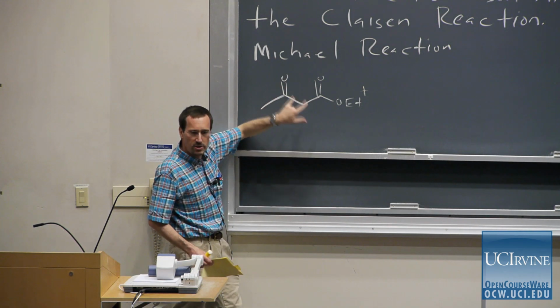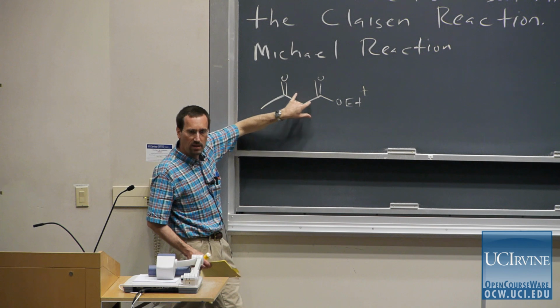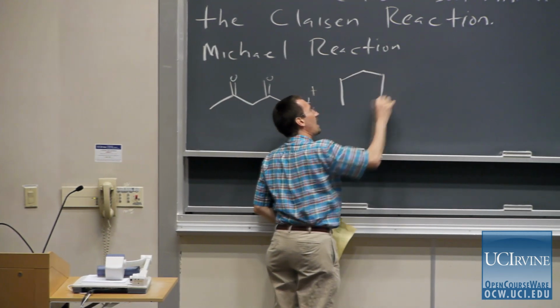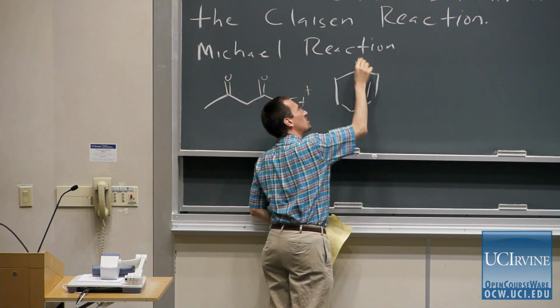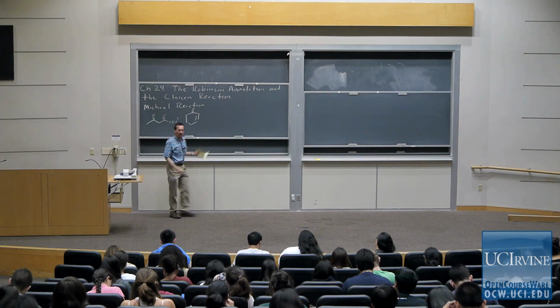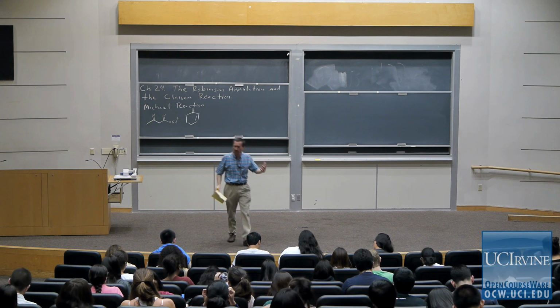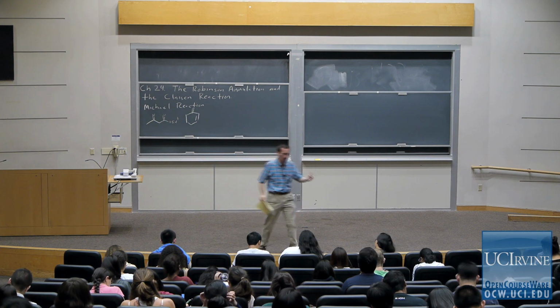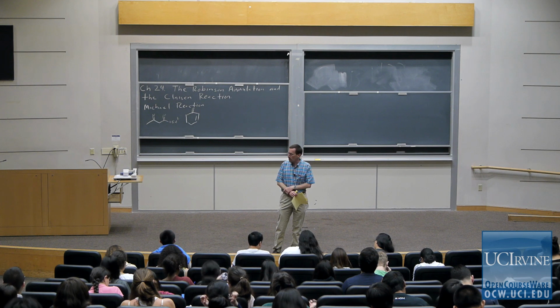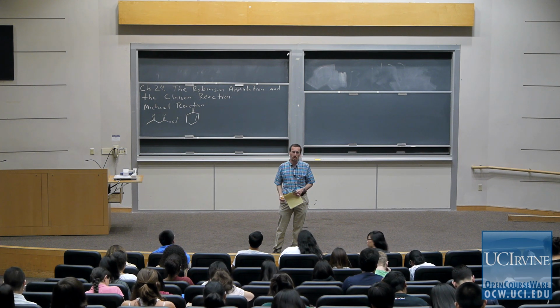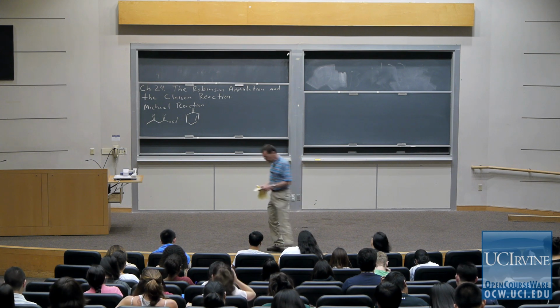So in a Michael addition, we generate an enolate or some sort of nucleophile, and we have an alpha-beta unsaturated carbonyl compound, very broadly defined: an alpha-beta unsaturated ketone, alpha-beta unsaturated ester, even other things in the broad carboxylic acid family like an alpha-beta unsaturated nitrile.